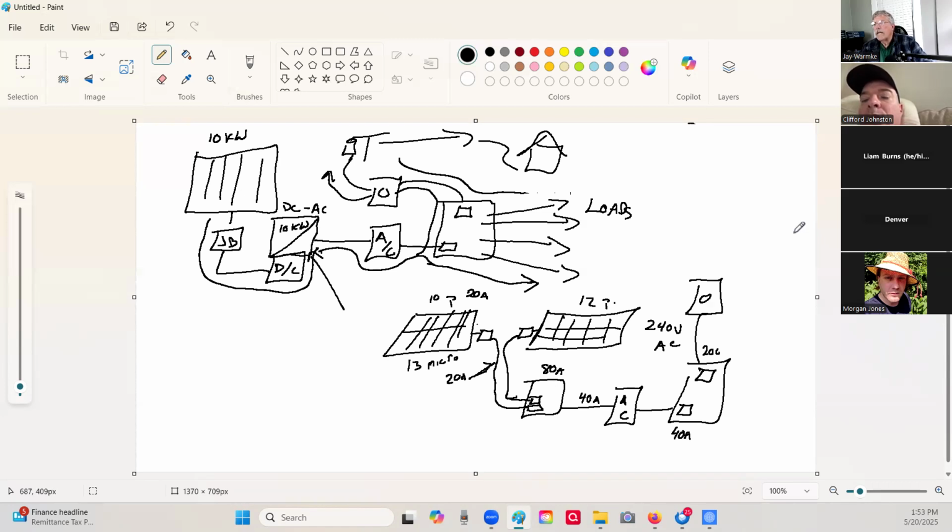So you've basically combined in this combiner box. You could actually have 4 different strings coming in, 4 different arrays if you wanted to, combined, because this can handle up to 80 amps. Now they've also put the communication system in here. So your system is communicating through this unit. That's just how Enphase works.